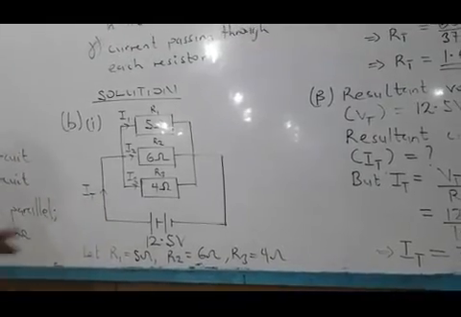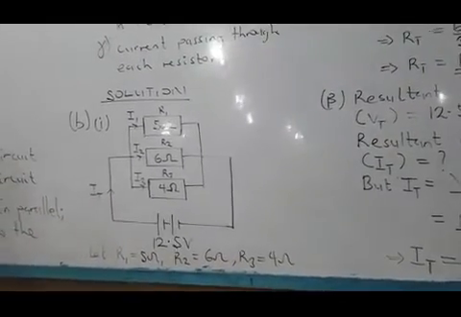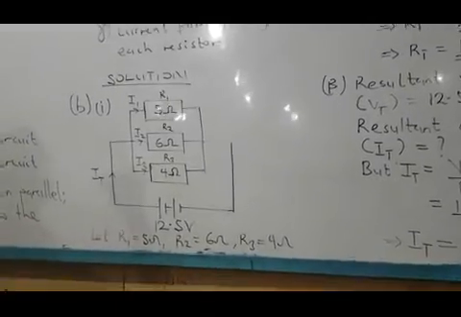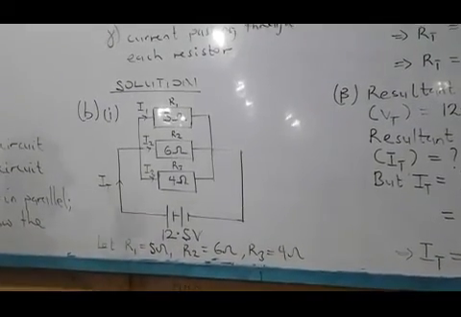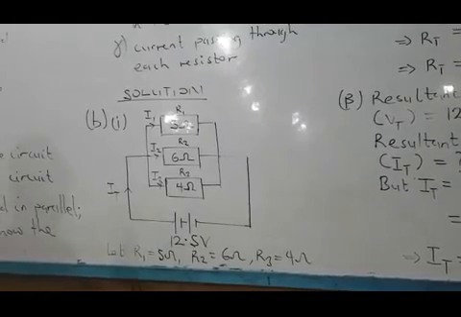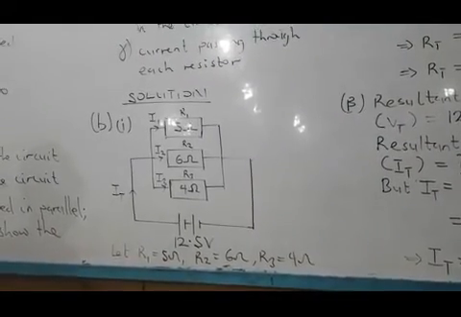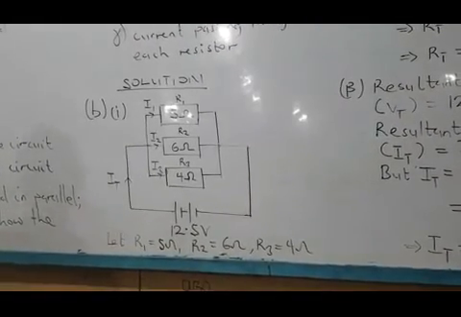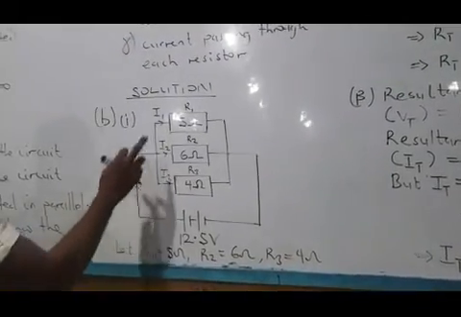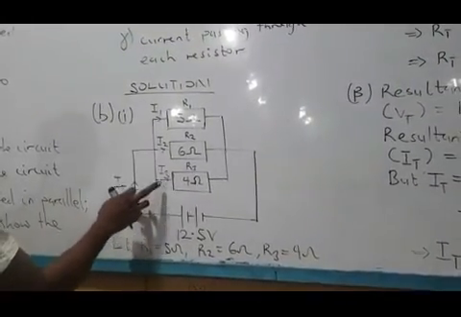In part A, we said that because all the resistors are in series, the same current flows through them. So for A, the current flowing through R1 is equal to IT, the one flowing through R2 is equal to IT, and the one flowing through R3 is also equal to IT. But in this case, it is different. So your I1 is different from I2, which is different from I3.